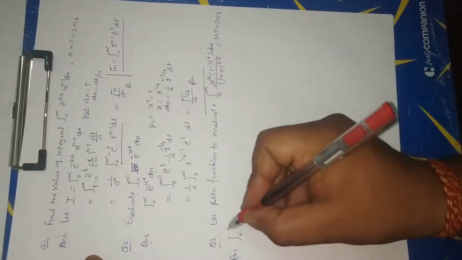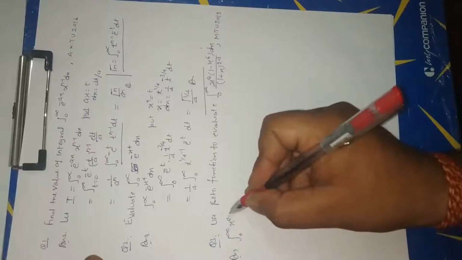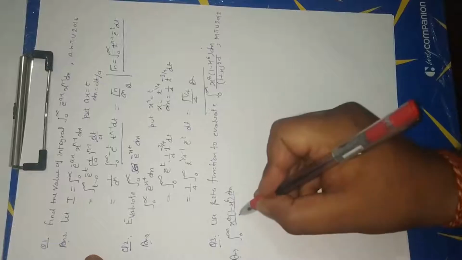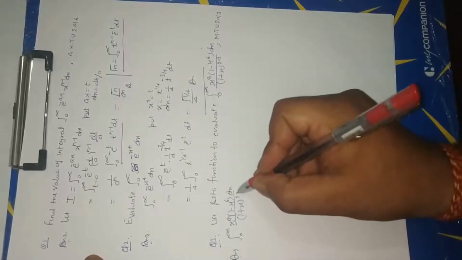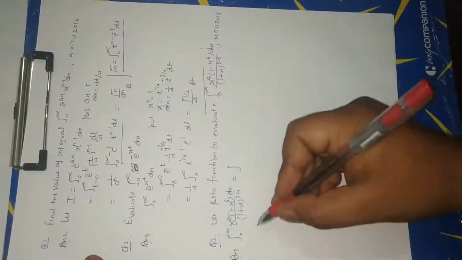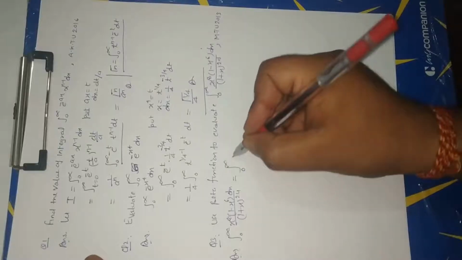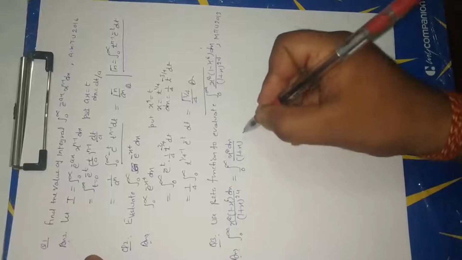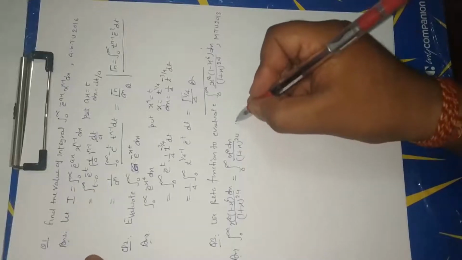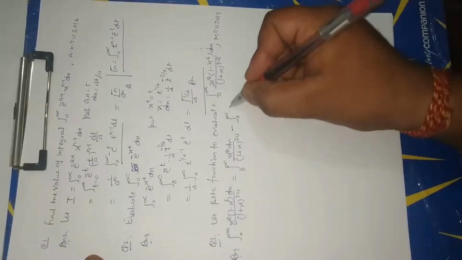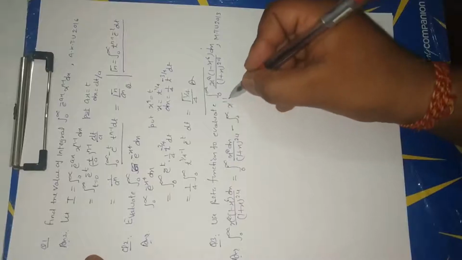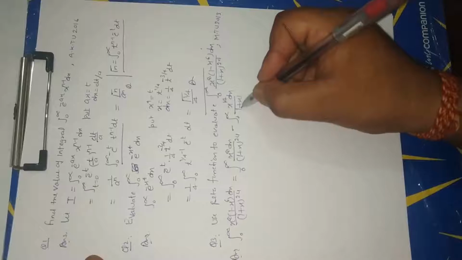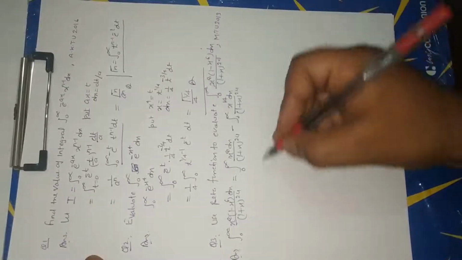Now the integral with limit 0 to infinity of x to the power 8, 1 minus x to the power 6, dx upon 1 plus x whole power 24, bracket into 2, is the integral from 0 to infinity of x to the power 8 dx upon 1 plus x whole power 24 minus the integral from 0 to infinity of x to the power 14 dx upon 1 plus x whole power 24.